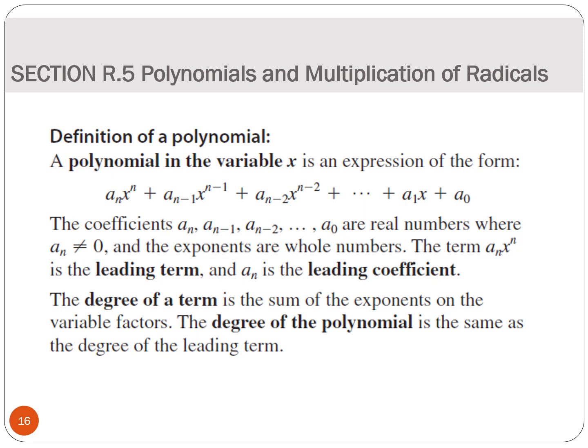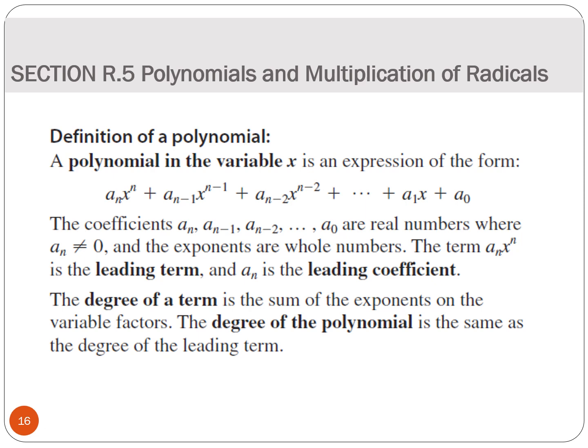The coefficients that are multiplied by the powers of x, a_n, a_(n-1), these are real numbers. The leading coefficient, the coefficient of the first term, the highest power, cannot be equal to 0.